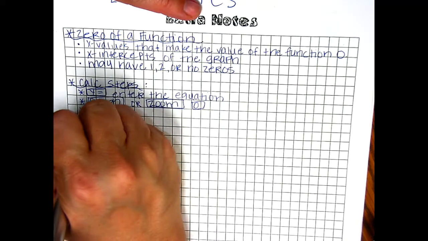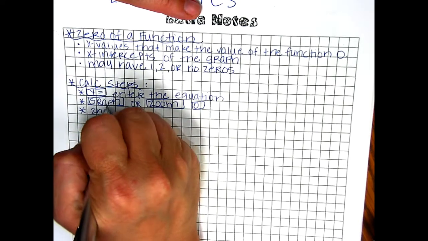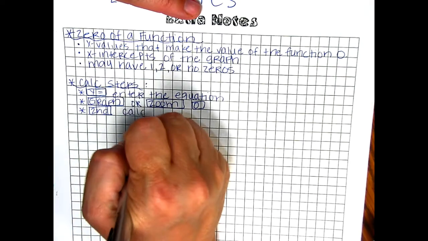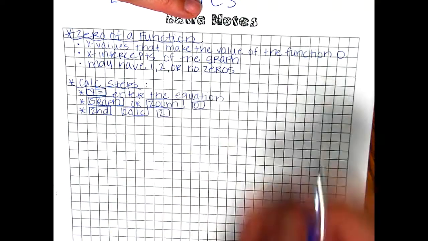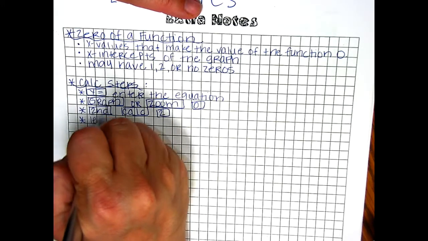Okay, the next step is to hit second, calc, and 2. And then it's going to say on your calculator left bound.